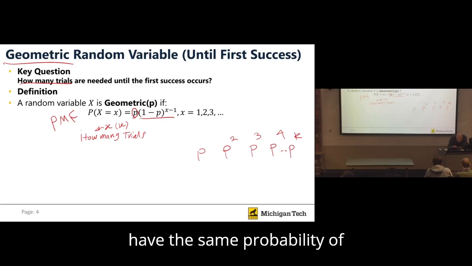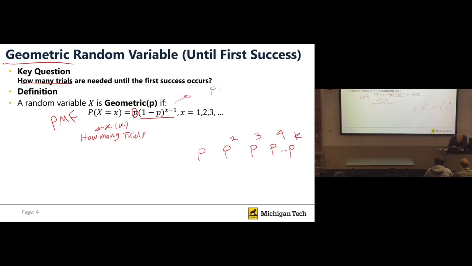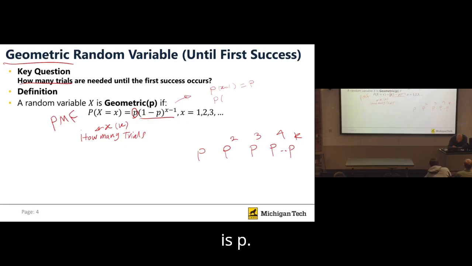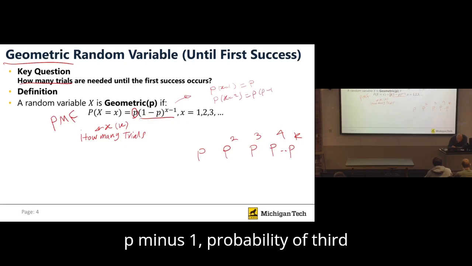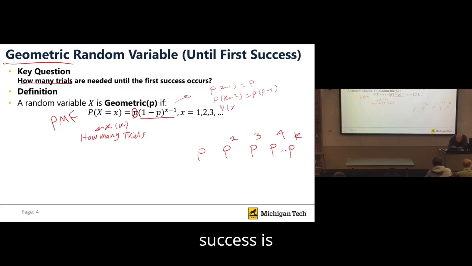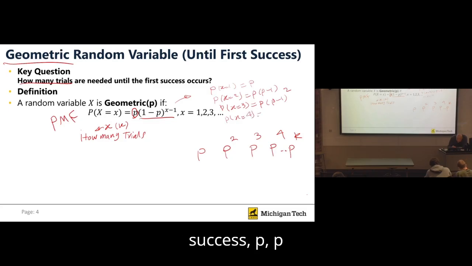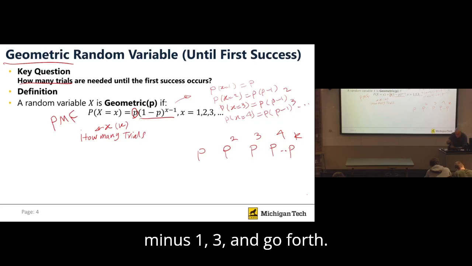So here we also have the same. The probability of first success, x is 1, is p. Probability of second success is p times (1 minus p). Probability of third success is p times (1 minus p) squared. Probability of fourth success, p times (1 minus p) cubed, and so forth.